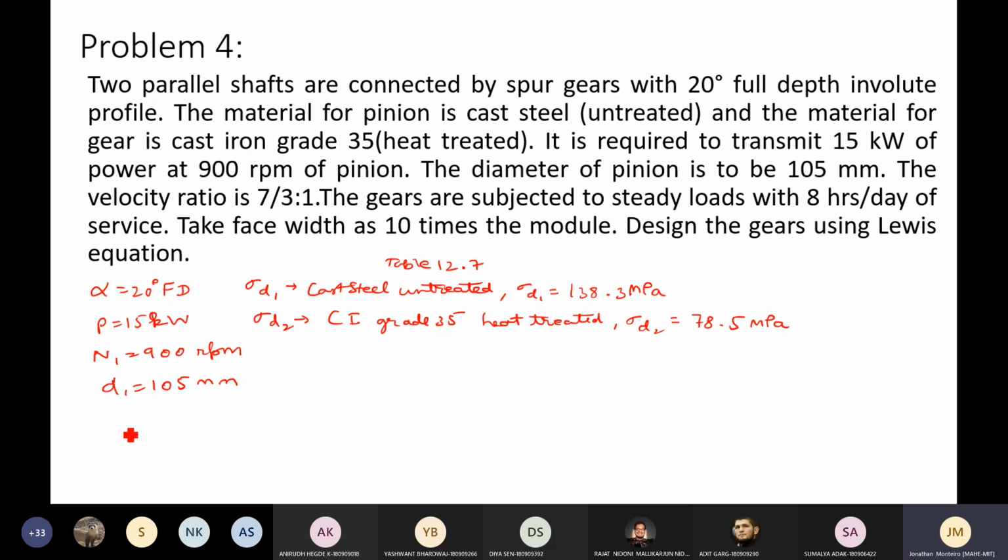Velocity ratio is 7/3:1. So i is 7/3. The gears are subjected to steady loads with 8 hours per day of service. So the service factor here you have to find. Steady loads, 8 hours per day.